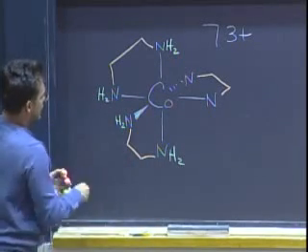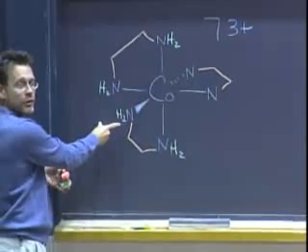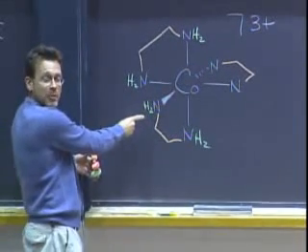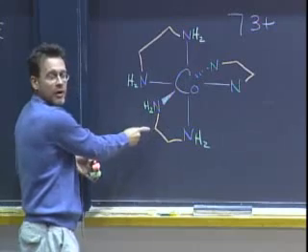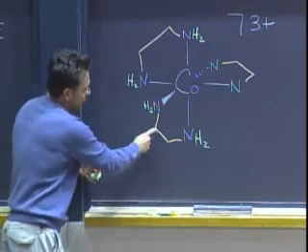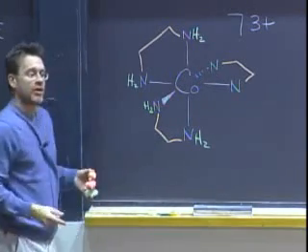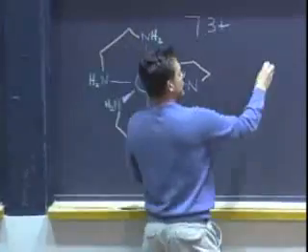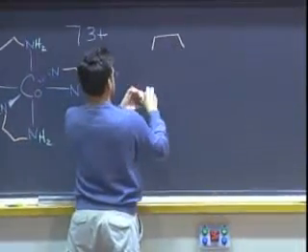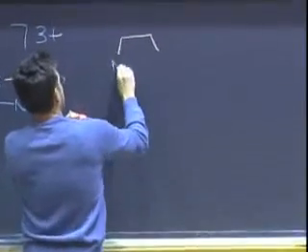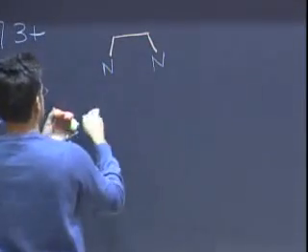Okay? And for each nitrogen, if you consider it as being derived from ammonia, one of the hydrogens of the ammonia is replaced with a nitrogen-carbon bond. And so we've used this organic moiety here to tether 2 nitrogens together. This is a very popular and ancient ligand from coordination chemistry.